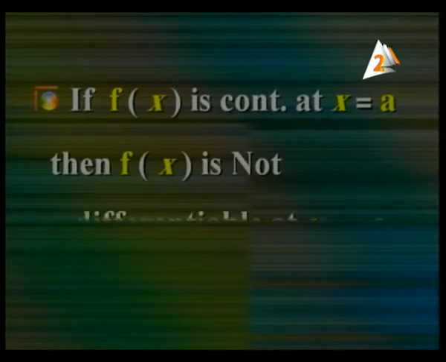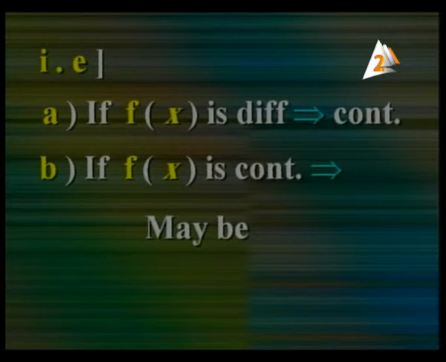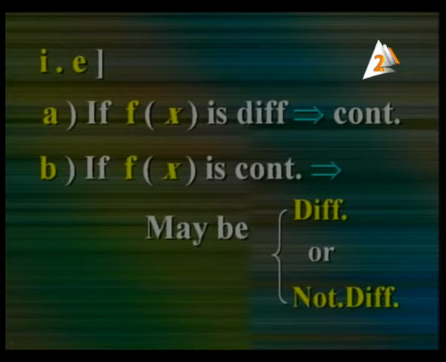If f of x is continuous at x equals a, f of x may not be differentiable at x equals a. We must prove whether f of x is differentiable or not differentiable. The condition for f of x differentiable at x equals a is that the function is continuous at x equals a and the derivative exists at x equals a. But if f of x is continuous at x equals a, maybe f of x is differentiable or not differentiable.